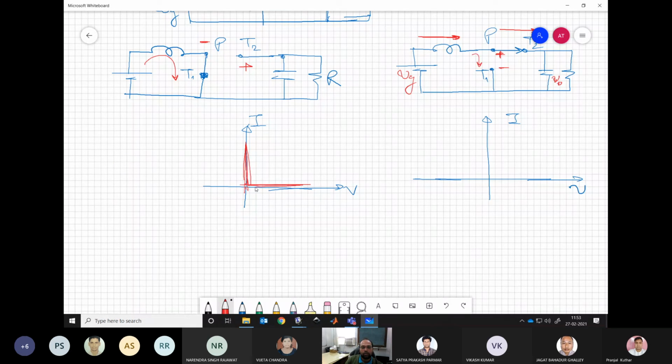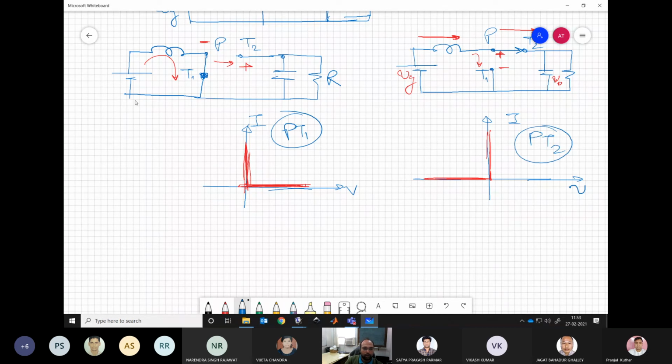This is a forward blocking requirement along with the forward current. For the diode, the current polarity is here, but the voltage blocking is opposite. So that's why it comes here for PT2, sorry. So this is our PT1 and this is our PT2.